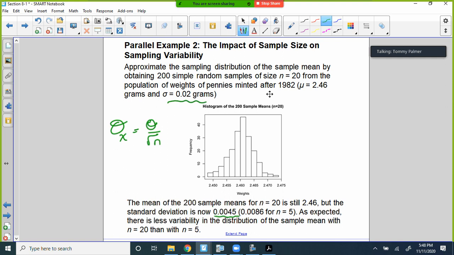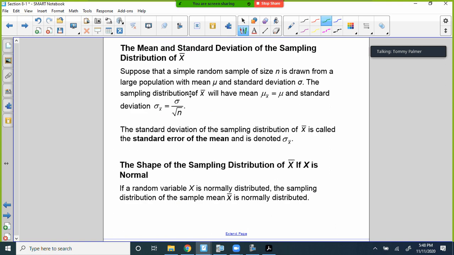Here's the calculation. Suppose that a simple random sample of size n is drawn from a large population with mean mu and standard deviation sigma. The sampling distribution of X bar will have a mean equal to the mean of the population.